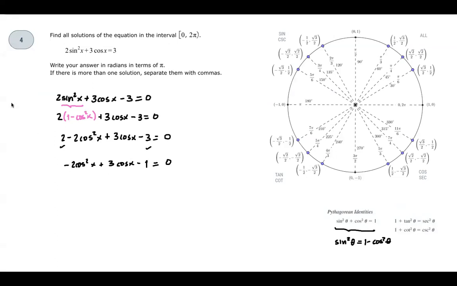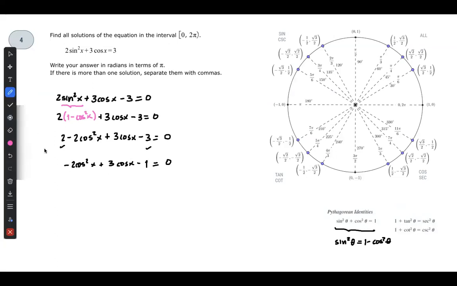And we're going to multiply everything by minus 1, just to have the equation with the first term as positive. I'm going to multiply by minus 1 and by minus 1, making my equation 2 times the cosine squared of x plus, in this case, minus, because we're multiplying everything by minus 1, and plus 1 equals 0.